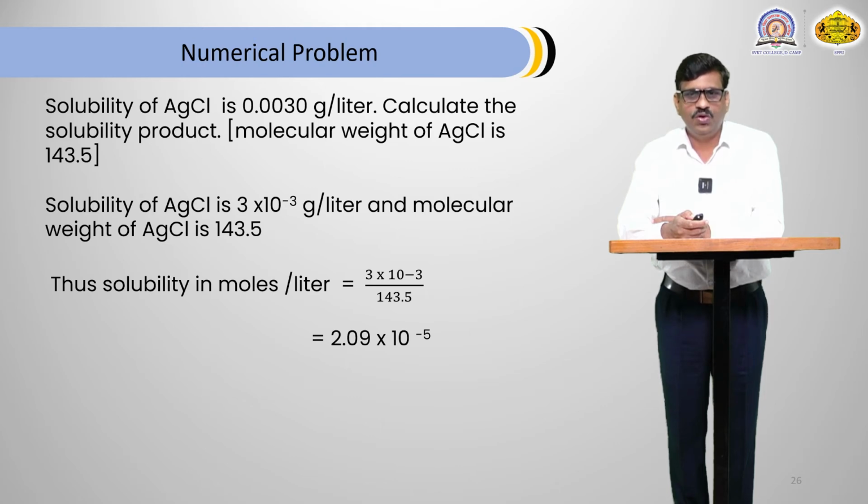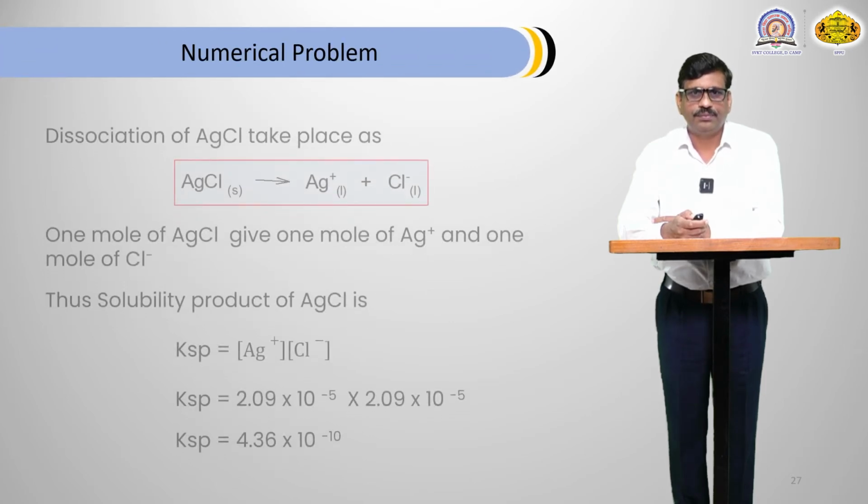Thus solubility in moles per liter can be calculated. 3 into 10 raised to minus 3 divided by 143.5 is 2.09 into 10 raised to minus 5 mole per liter, the solubility of AgCl in that solvent.